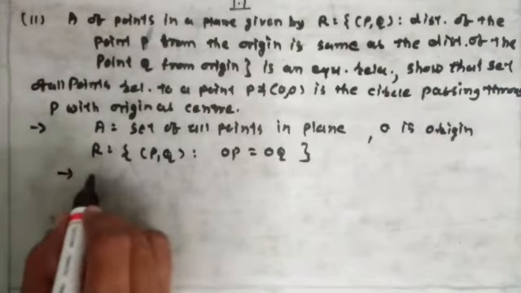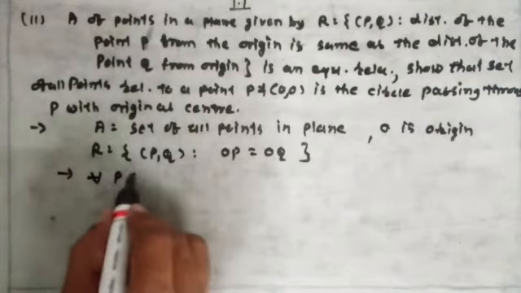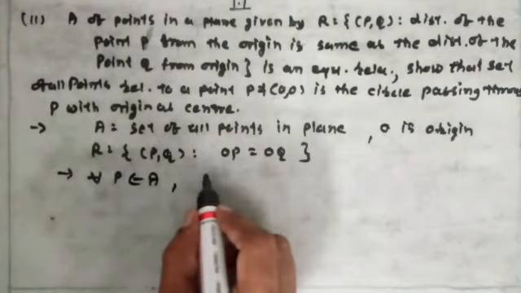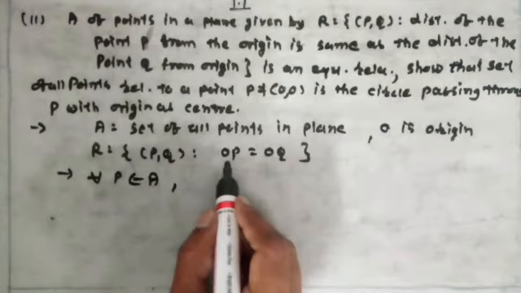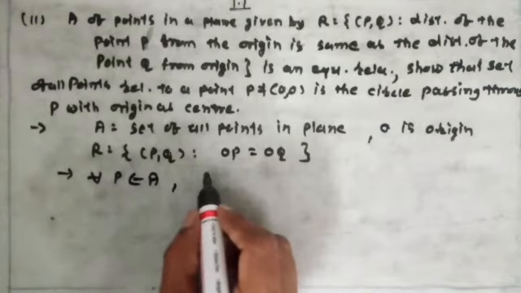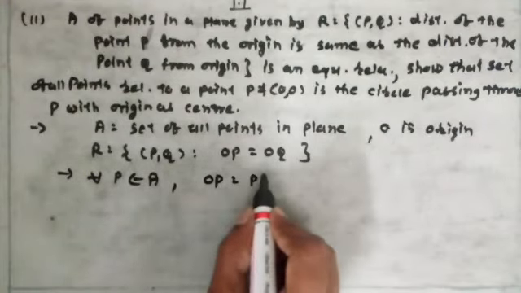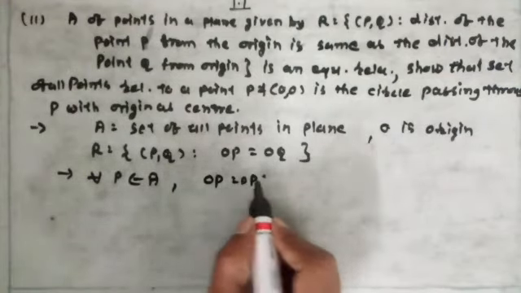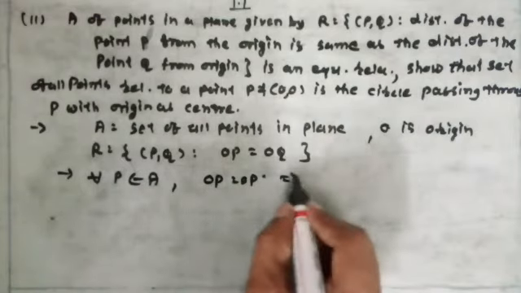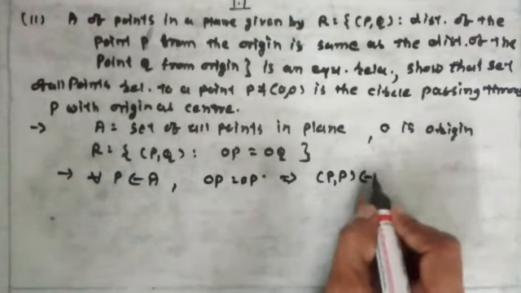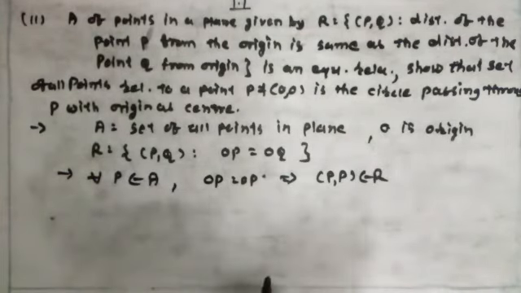For reflexive, take any point P belongs to set A. We know that the distance of point P to origin is equal to P to origin, or origin to P. This implies (P, P) belongs to R, because this point P satisfies this relation.